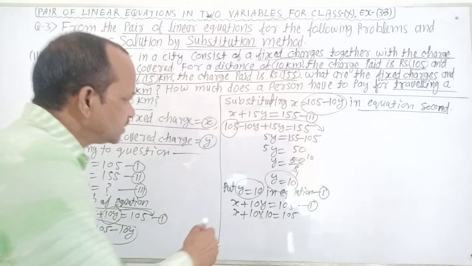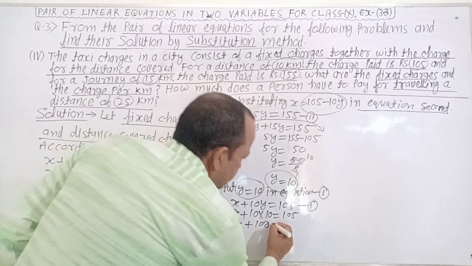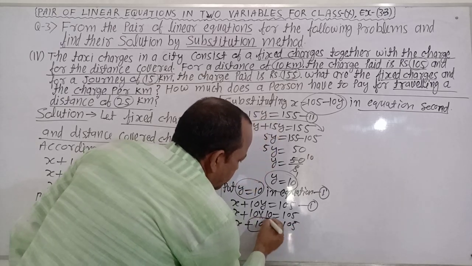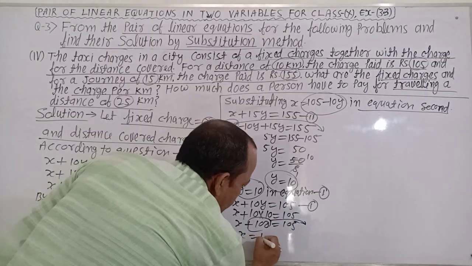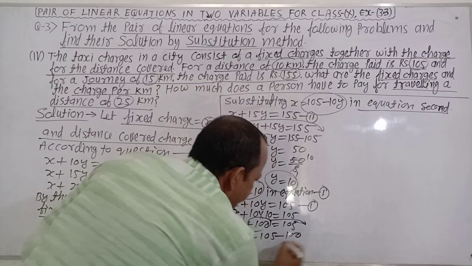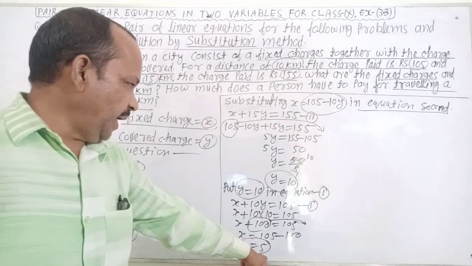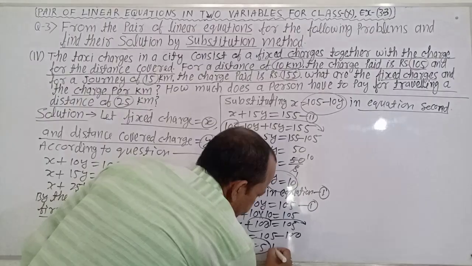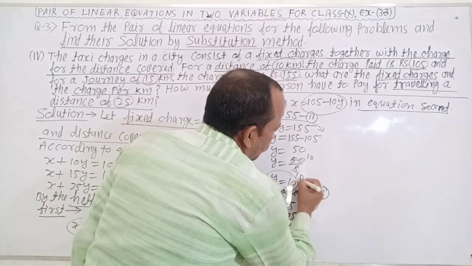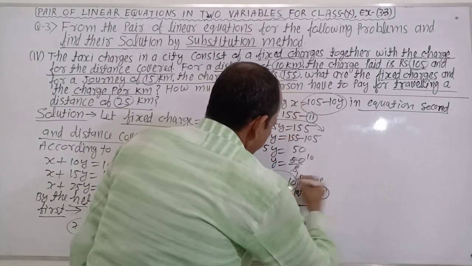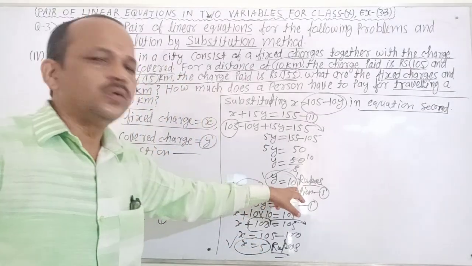Clear? x plus 100, 10 10s are 100, equal to 105. You write plus 100 on right side of equal. It becomes x equal to 105 minus 100. x equal to 5. You find x equal to 5 rupees and y equal to 10 rupees.